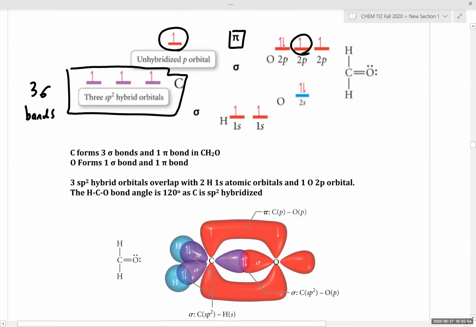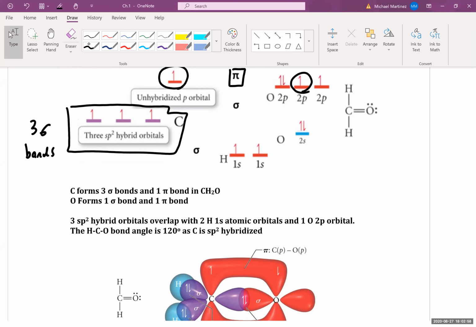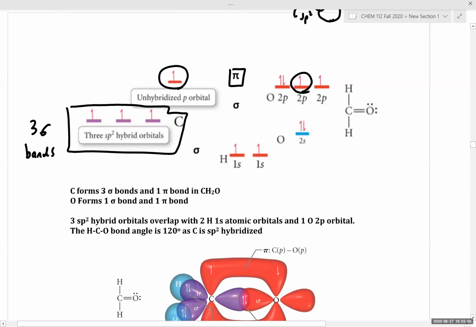So, as we can see from our orbital pictures, we can conclude that carbon will prefer to form 3 sigma bonds for its 3 hybrid orbitals, and it will prefer to form 1 pi bond with its half-filled p orbital.